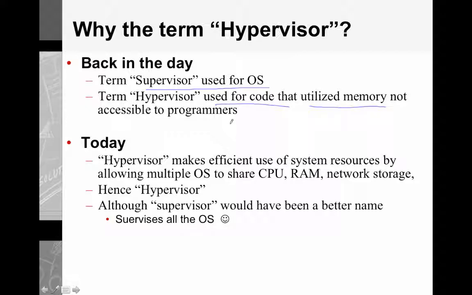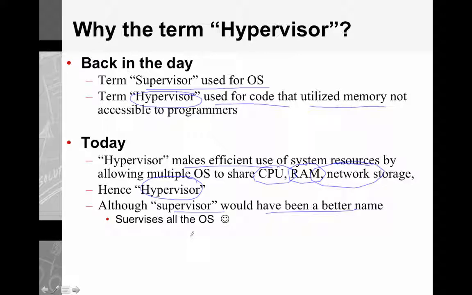And that piece of software used to be called the hypervisor. Today, hypervisor is making efficient use of system resources like the CPU, the RAM, the network, storage, everything. And so the term hypervisor is being utilized. Although I would say supervisor would have been a better name because it's really supervising all the operating systems.